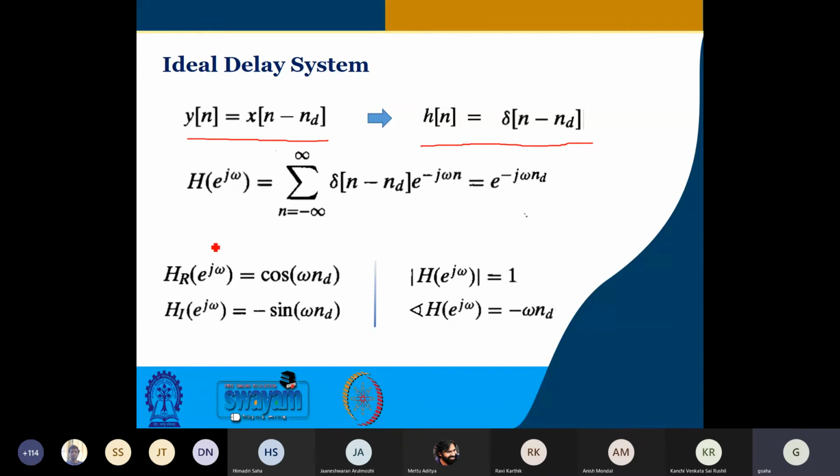And the corresponding discrete time Fourier transform, the frequency response, is e to the power minus j omega n_d. We have already seen that for delta n minus 1, it is e to the power minus j omega.